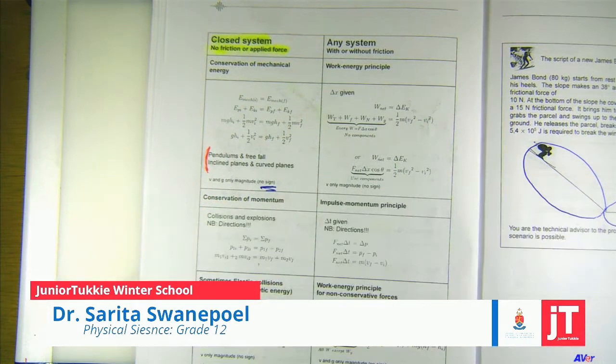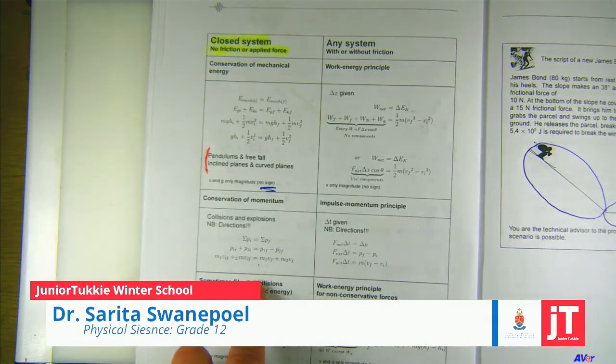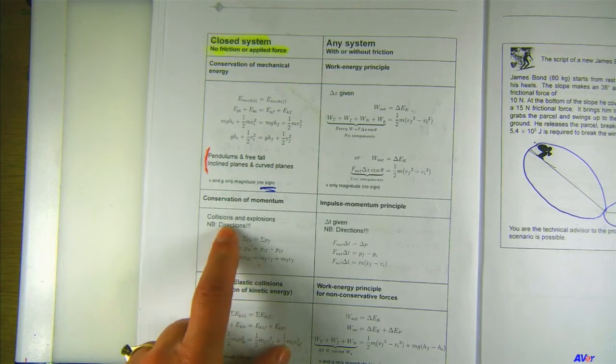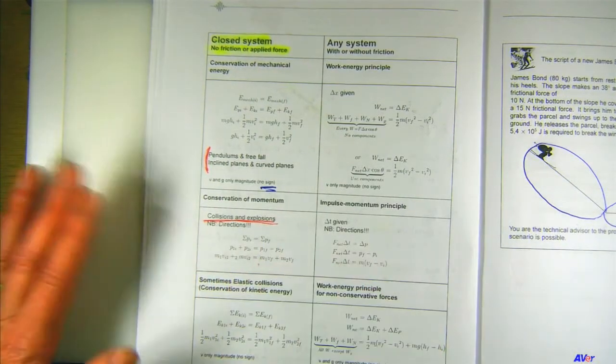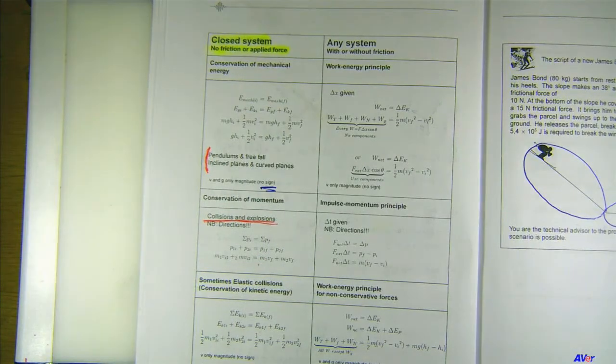So when do I use conservation of momentum? Collisions and explosions. Any collision, any explosion, you don't even have to think about it. They may not include friction, because then you can't do it. So we work with a closed system.